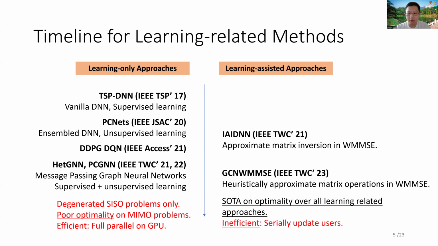One uses a neural network to approximate matrix inversion in WMMSE, and the other heuristically approximates matrix operations in WMMSE. However, although they are sorted on optimality, they suffer poor efficiency because of the workflow of WMMSE, where the precoding of users is serially calculated.